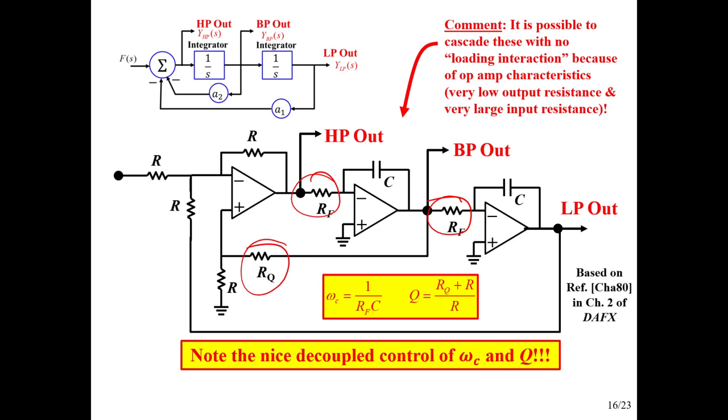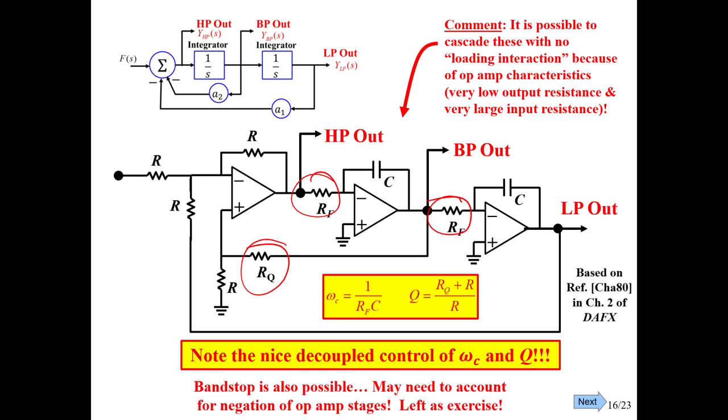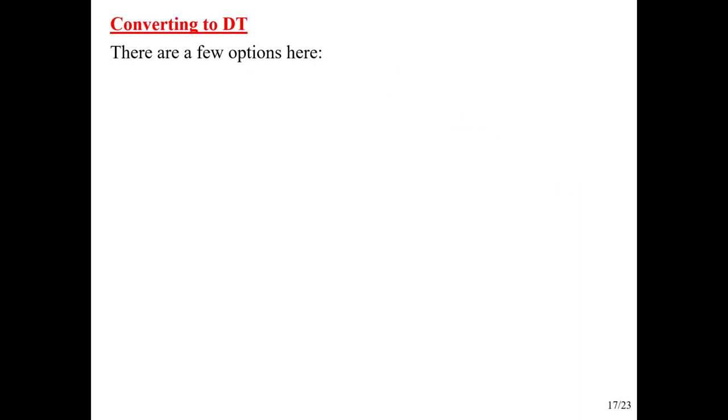That's how they get all those crazy R2D2 sounds. And you can also get the band stop here, but it's not quite going to be exactly as we had said earlier, because we now have to account for all the negation as we go through each stage. And if you care about that, you can either find it somewhere or you can work it out yourself.